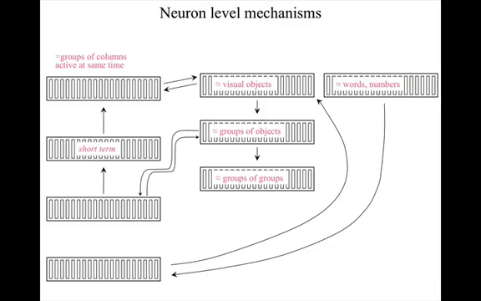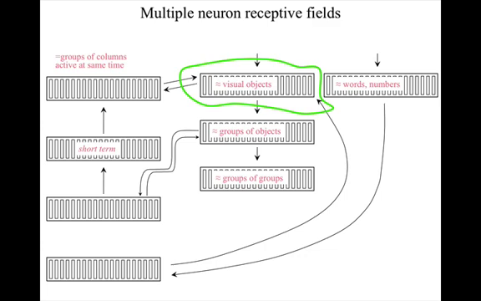So now let's have a look at some of the neuron level mechanisms that support the column mechanisms. As we discussed for semantic memory, at the neuron level there's a need for multiple receptive fields. For example, consider a neuron in this discriminates visual objects area.